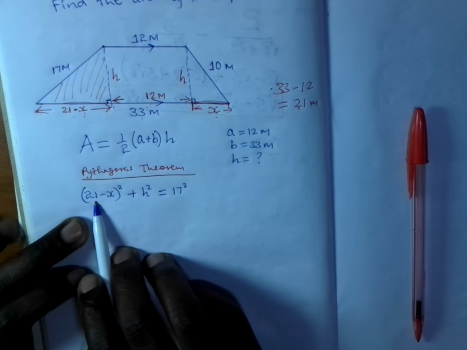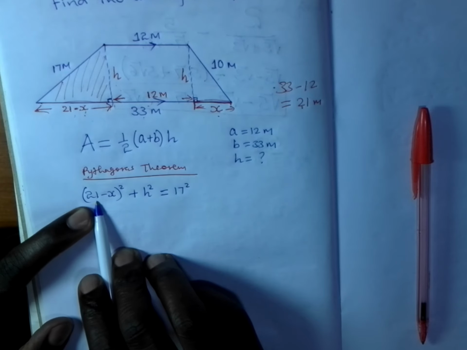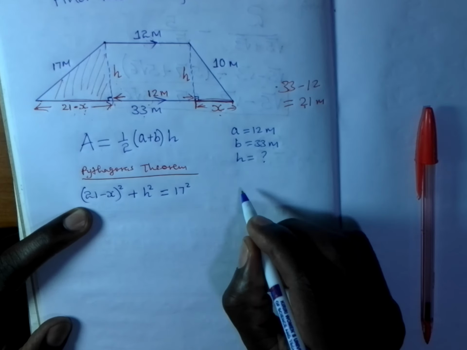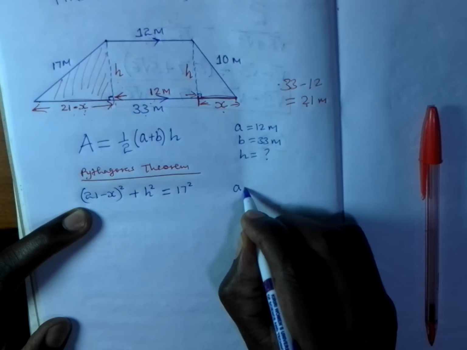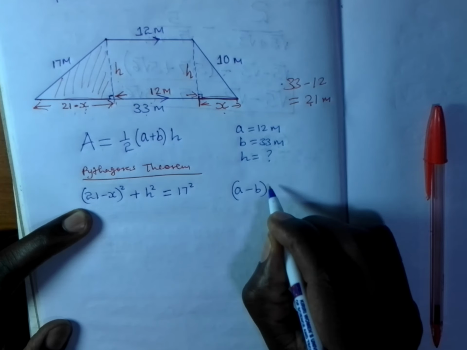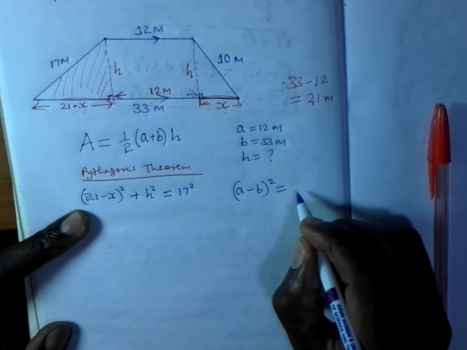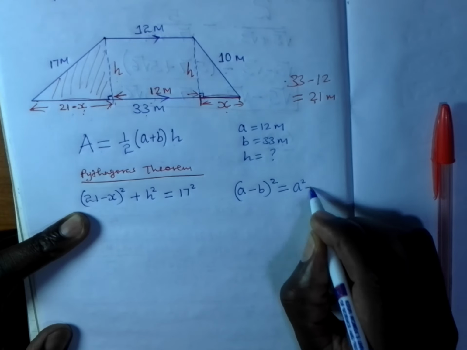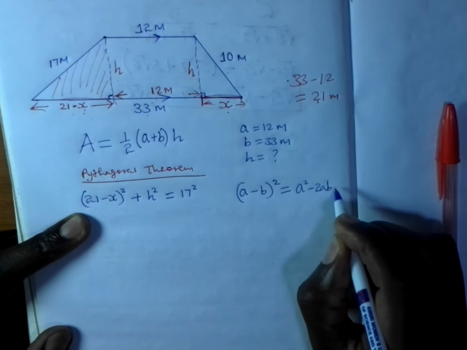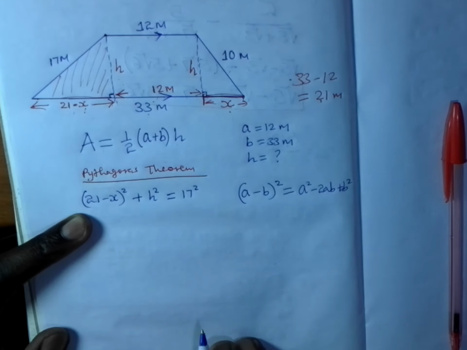So we can expand this quadratic using the identity (a minus b) squared is equal to a squared minus 2ab plus b squared.